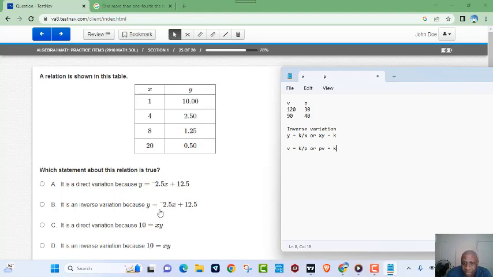This is not in that form. Let's just see if it makes sense. x times y equals k. Well, 1 times 10 equals 10. 4 times 2.5 equals 10. 8 times 1.25 equals 10. 20 times 0.50 equals 10. So D, inverse variation, follows the form right here.